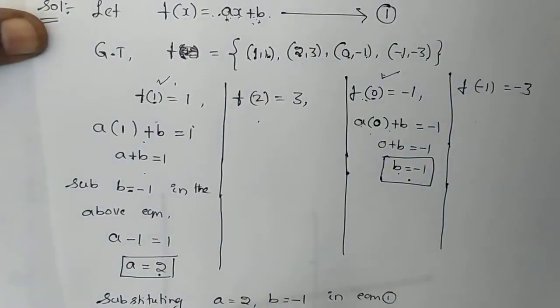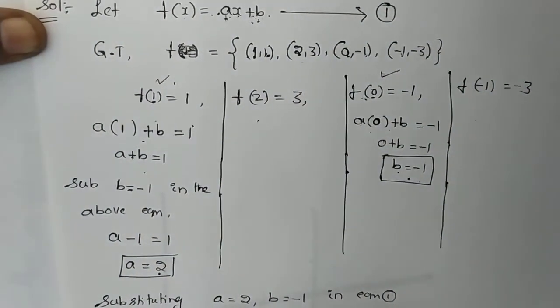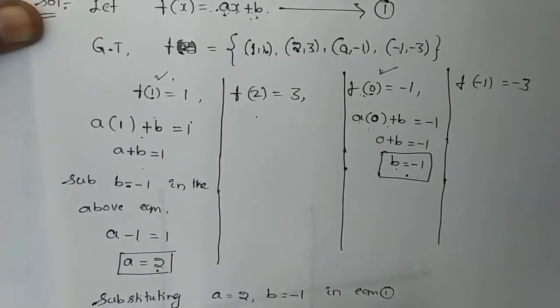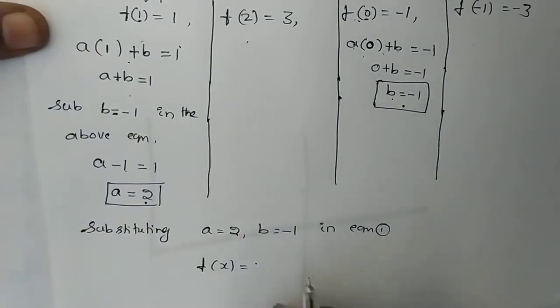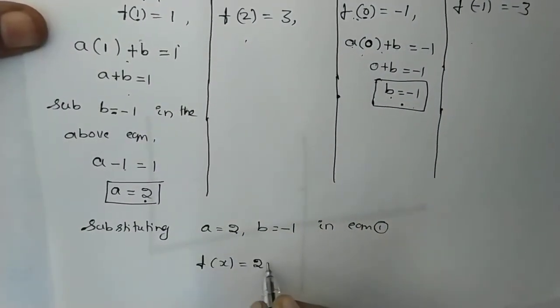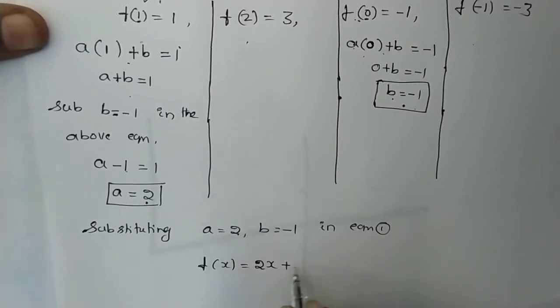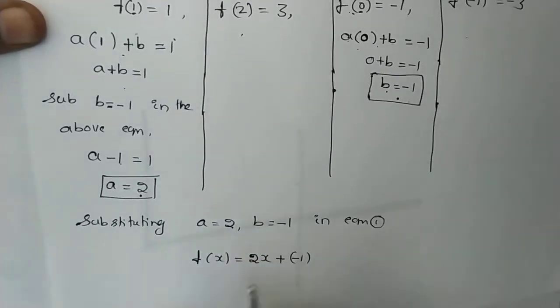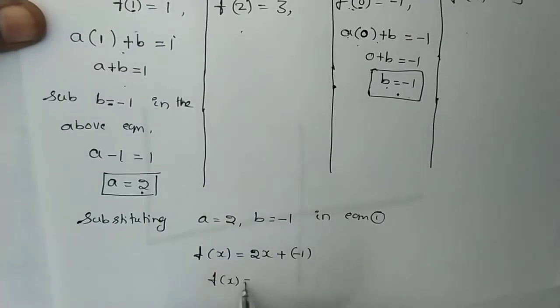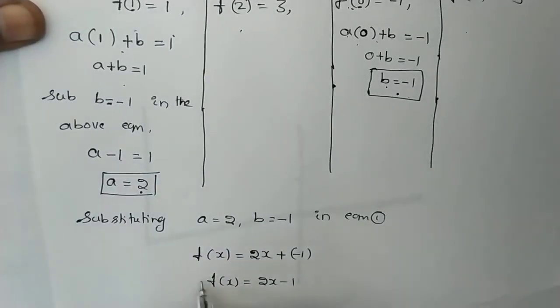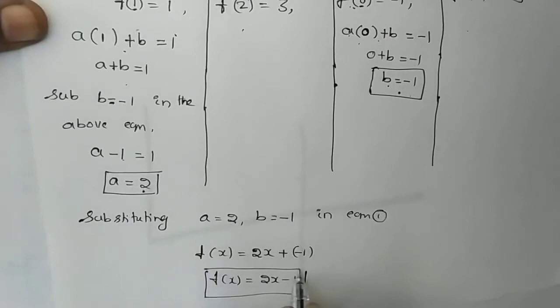F of x equals ax plus b. In place of a, that is 2x plus b. B is minus 1. Therefore f of x equals 2x minus 1. Hence it is the required linear function.